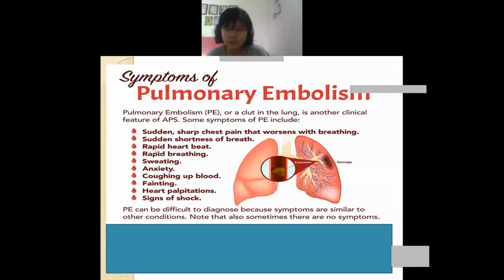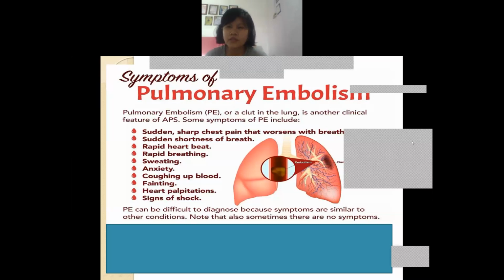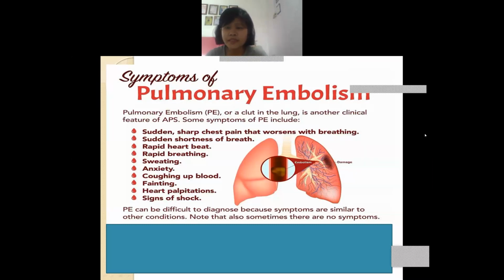Same thing. Okay. Next is rapid heartbeat. So the heartbeat will also be very rapid. It will be very fast. Next is rapid breathing. I mean, when the person breathes, the person will breathe very fast, not normal breathing. Next is sweating.